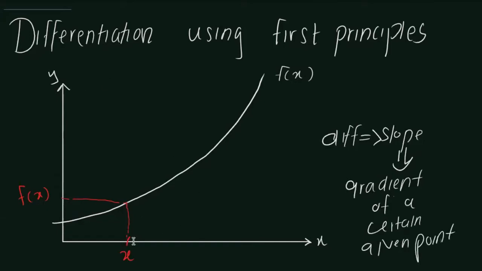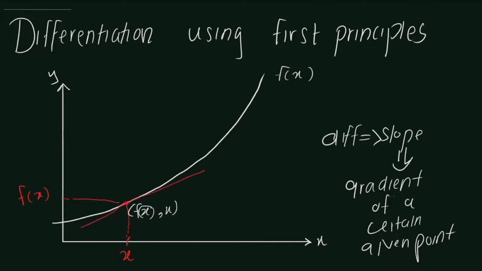If we need to find the differentiation at this point, the corresponding coordinate (x, f(x)), then I have to find the gradient drawn to that point.